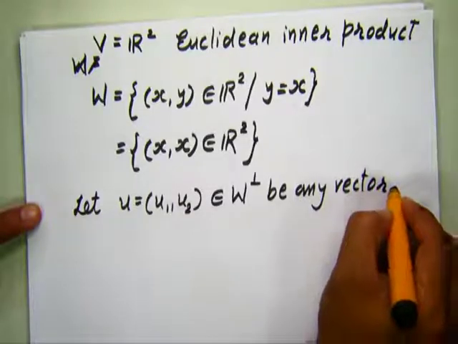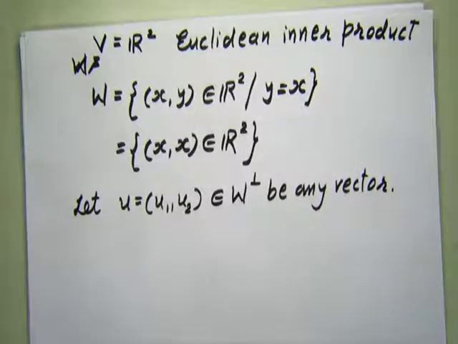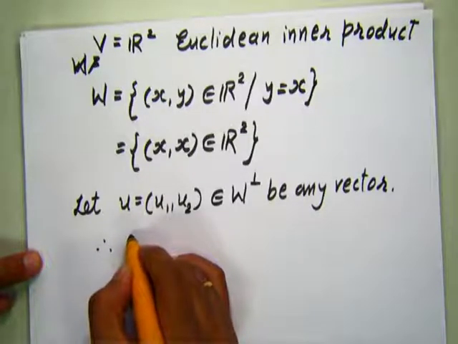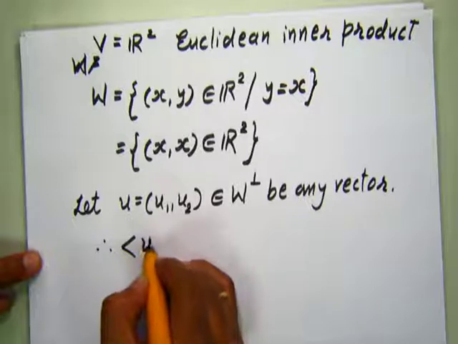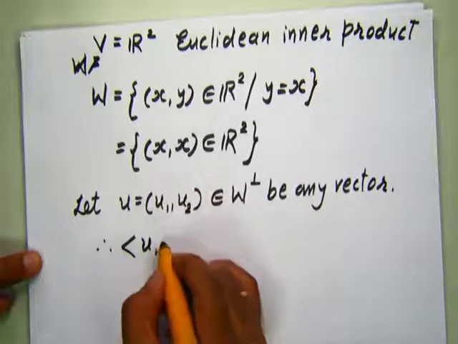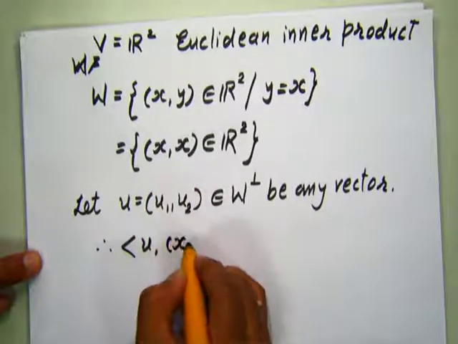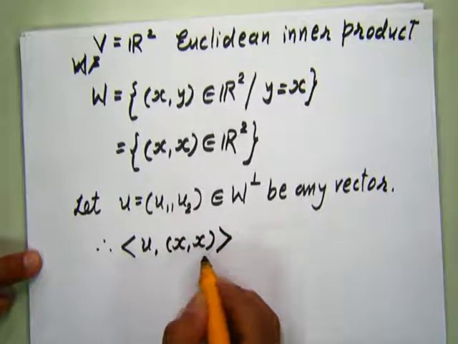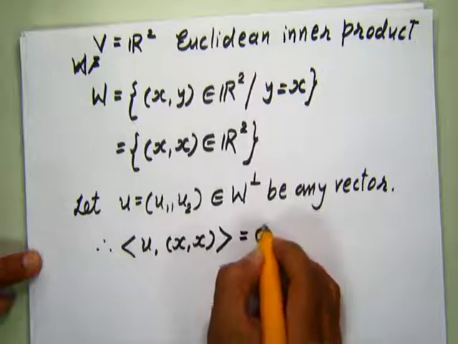It means we are taking one arbitrary vector in W complement, and as we know the definition of W complement, this vector u is orthogonal to every vector in W, and therefore we have the inner product of u with every vector of W, which is of the form (x, x), equal to 0.